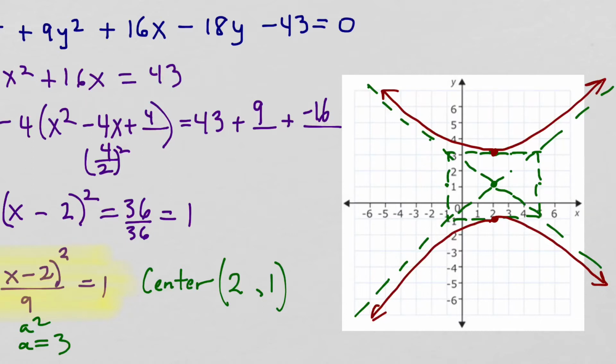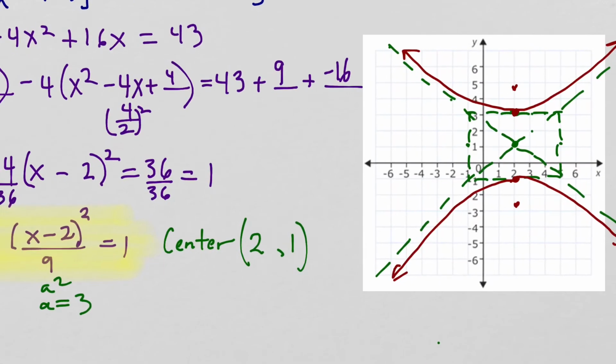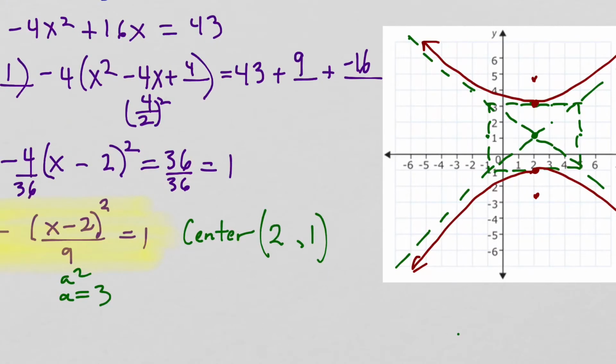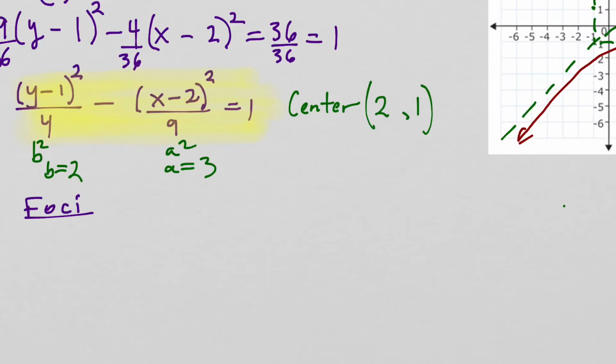The next thing I'm going to do is find my foci, and my foci will lie inside the dishes. So let's just put them there temporarily until I get the actual count, the number of squares that I need to count. Okay? So to get the foci, I need my formula from the formula sheet.